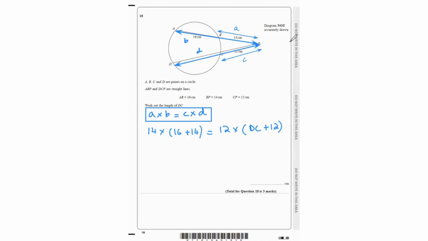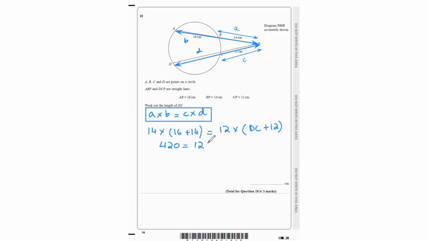So the entire secant multiplied by the part that's outside the circle. So 16 plus 14 is going to be 30. And then we do 30 times 14, which is 420.